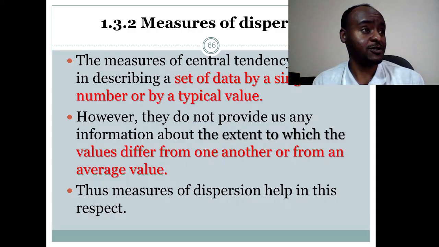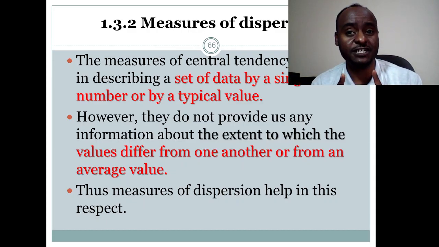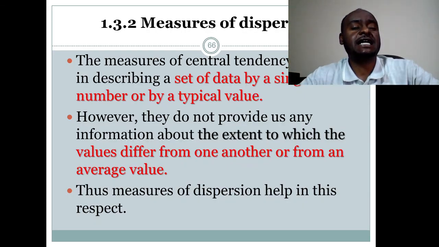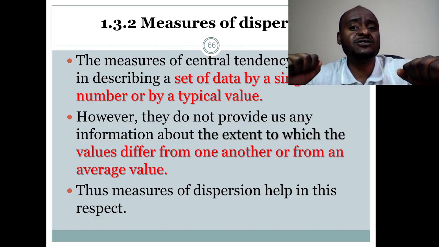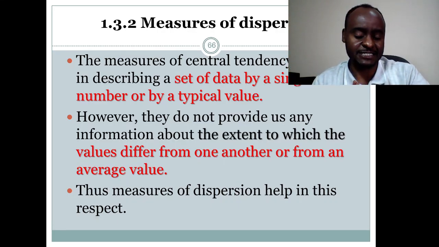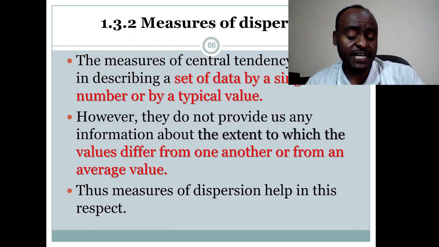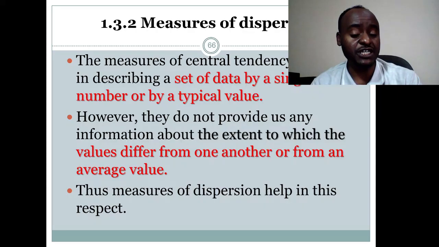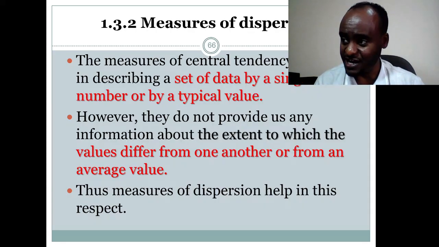Now we are talking about the measure of dispersion. Dispersion means distribution. Dispersion means variation. Dispersion means the extent of the spread of your data points or your data sets. However, those other measures do not provide us any information about the extent to which values differ from one another or from the average value.